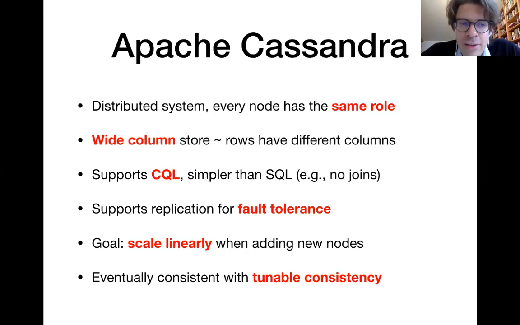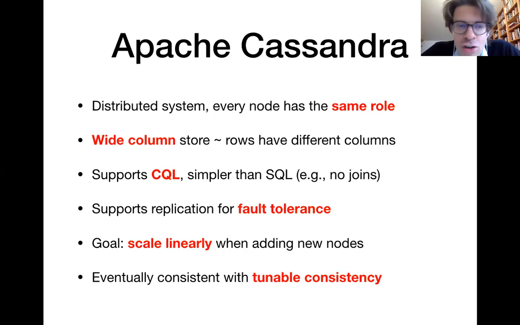It is a so-called wide column store, which essentially means it looks a bit like tables in the database, with the difference that different rows in those tables can have a different number of columns. So in a way, this is more flexible than the traditional relational data model, where each table needs to have rows that each have the same number of columns.